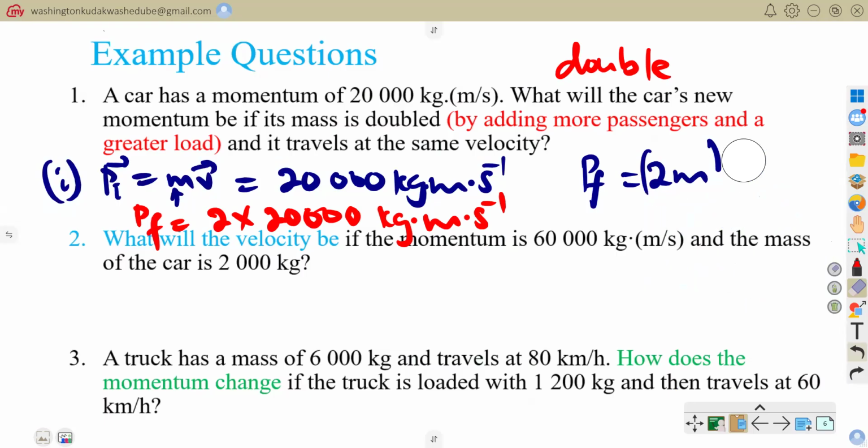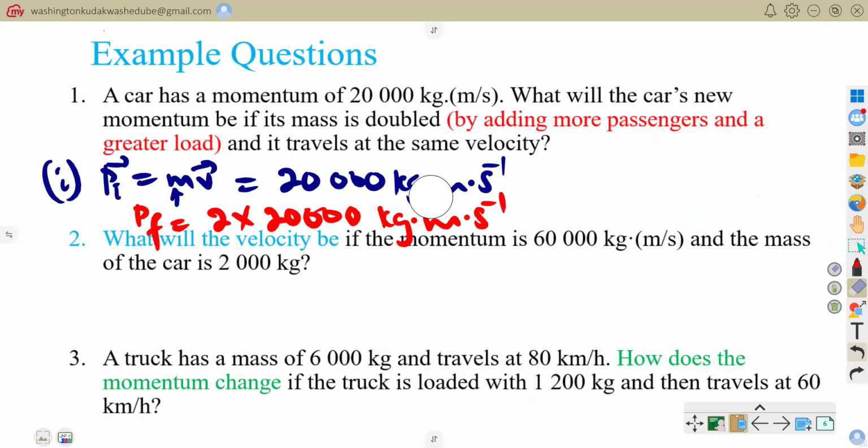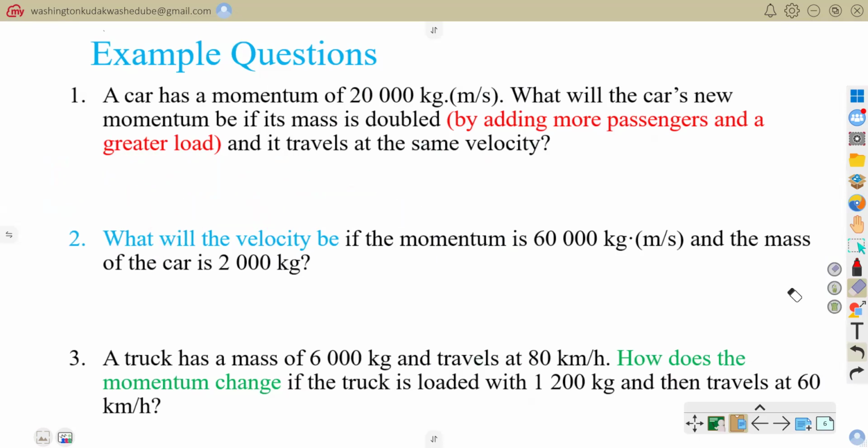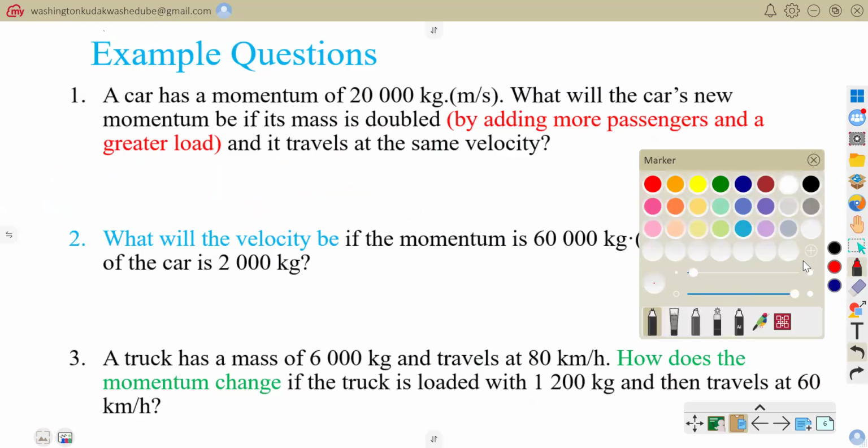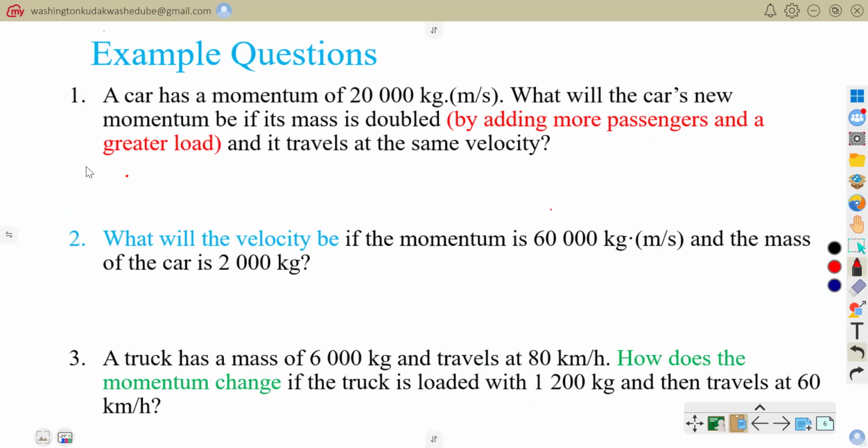So allow me to take you back and let's try to do this neatly so that others can get to follow, because most people get lost there. So we do not want to lose anyone. So by that, I would come to say our initial momentum is equal to m times v, and this is equal to 20,000 kg meters per second.